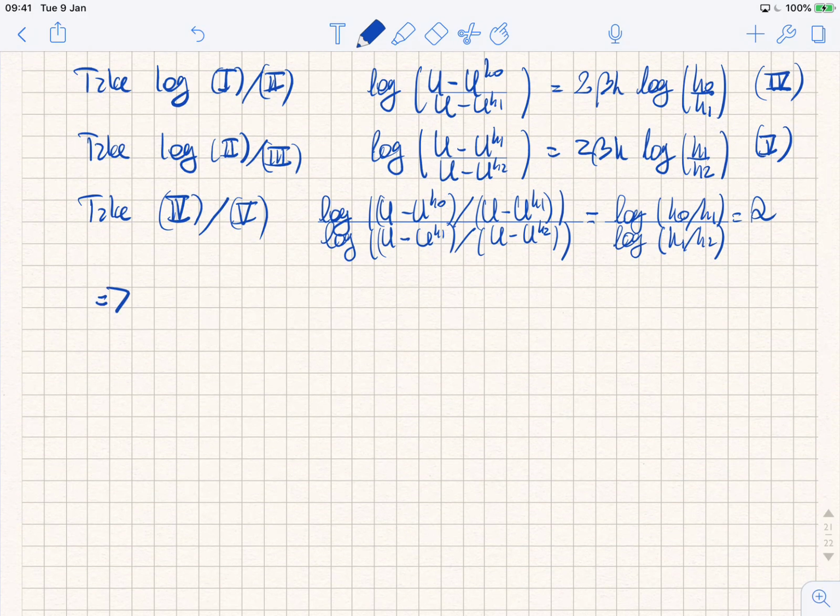Or a different way to look at that equation, if you just get rid of the log, is that u minus u h0 divided by u minus u h1 is equal to u minus u h1 divided by u minus u h2 to the power of q.